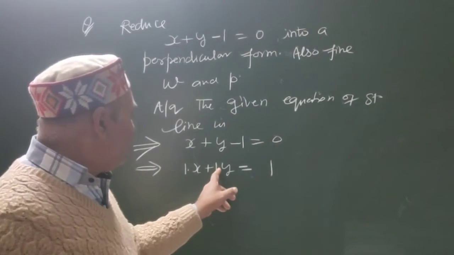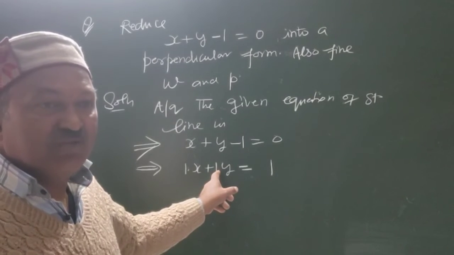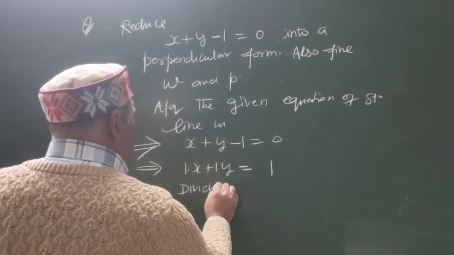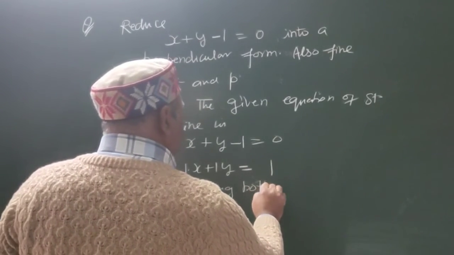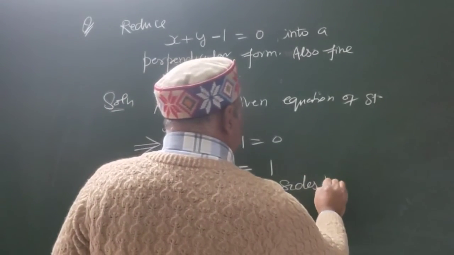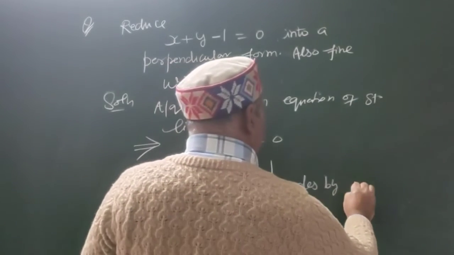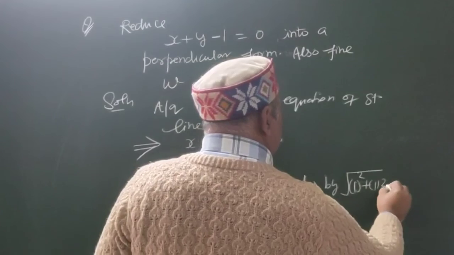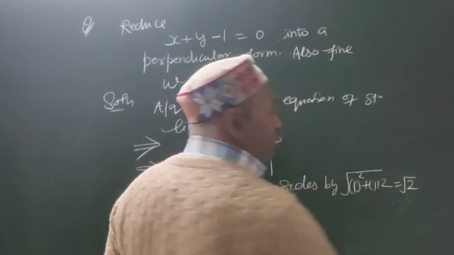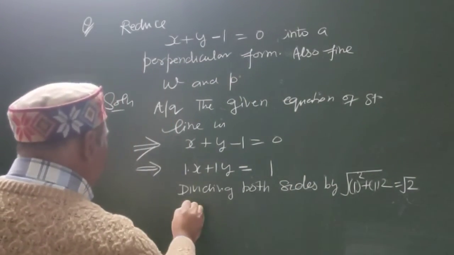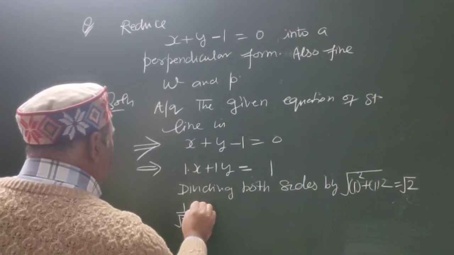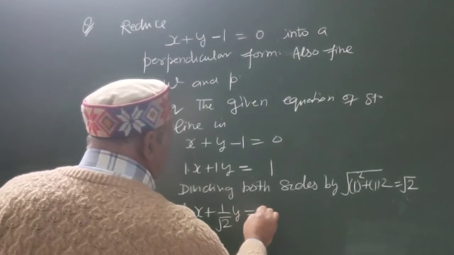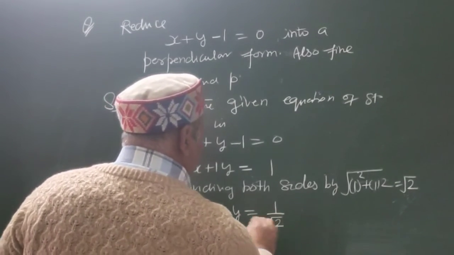Therefore, dividing both sides by the square root of a square plus b square, only the positive value, that is 1 square plus 1 square under root, which is root 2. We get 1 upon root 2 into x plus 1 upon root 2 into y is equal to 1 upon root 2.